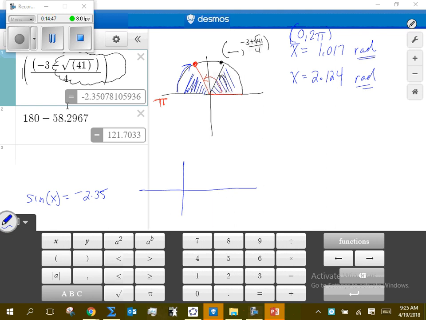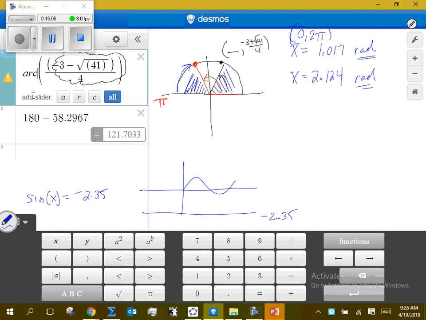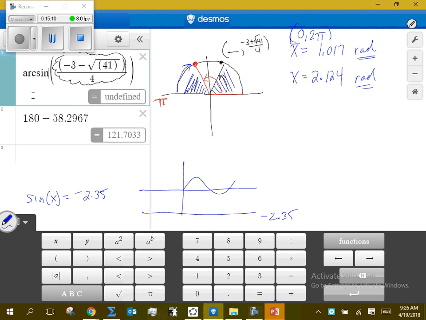That is what we'd be asking before we do the arcsine function. We'd be saying, when does that curve reach negative 2.35? And it never does, right? Okay, so that's why these solutions, when we go arcsine or sine inverse, are undefined.